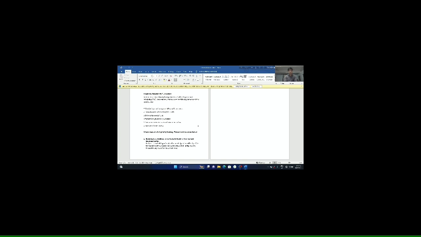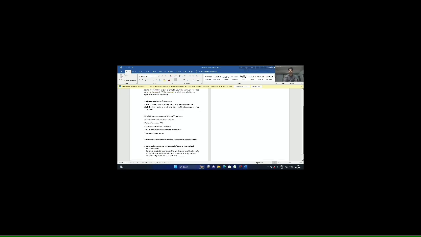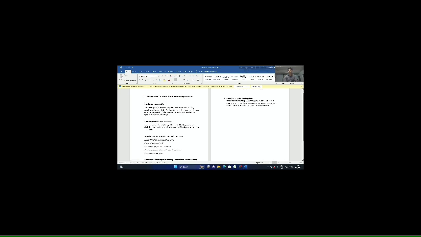Number two, the corresponding deduction approach: banks will deduct investments in the capital of other banks, financial institutions and insurance entities from the respective tier of their own capital.